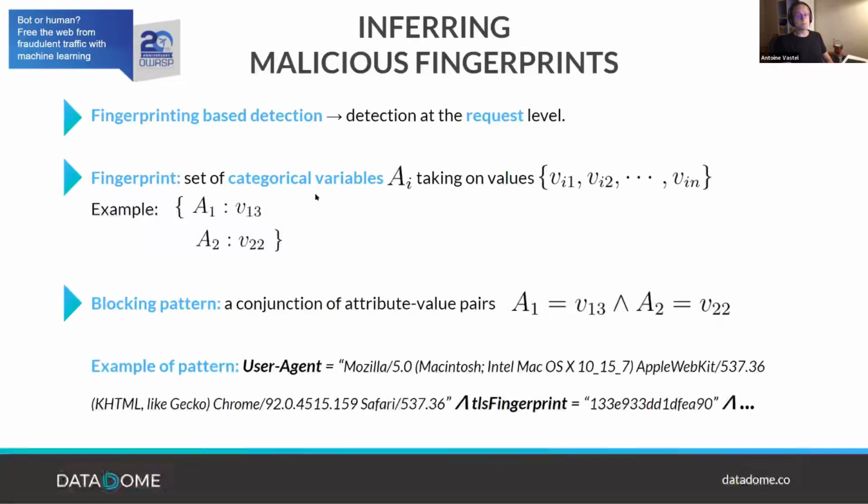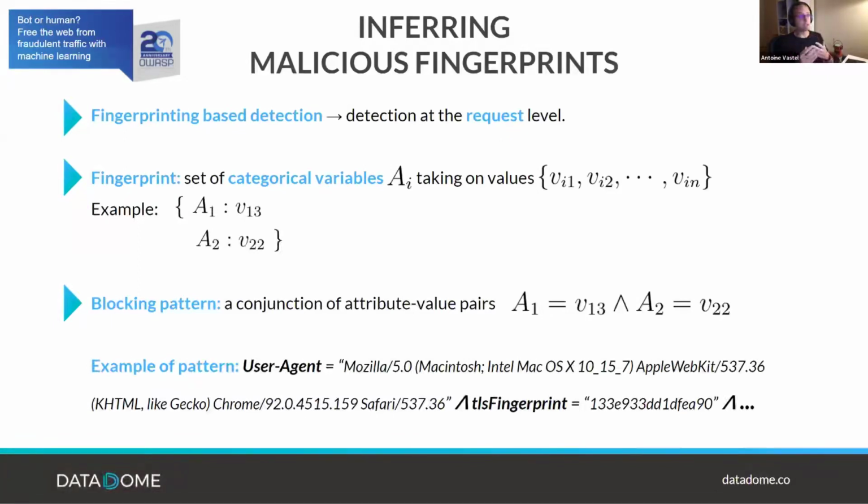And then the goal is to analyze each request. So for each request, we will extract a given fingerprint. From a mathematical point of view, a fingerprint can be seen as a set of categorical variables, A_i, that have a possible set of values. And we'll try to generate blocking patterns.